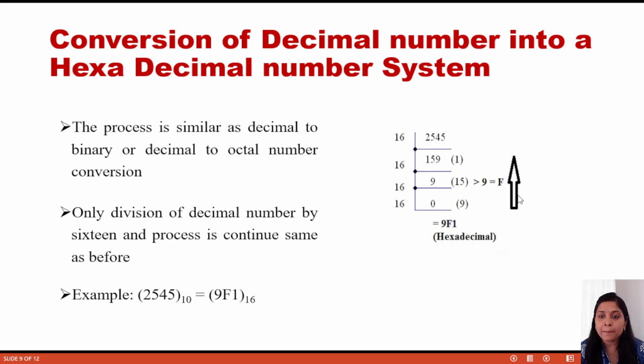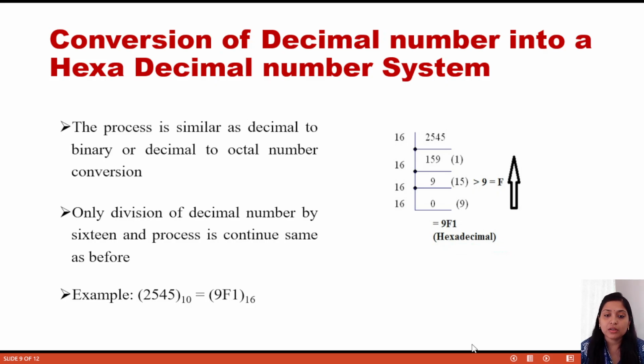Again we take the result from downward to upward direction. So what will be the result? 9F1, because F is 15. So 2545, this decimal number, has the equivalent hexadecimal number 9F1.